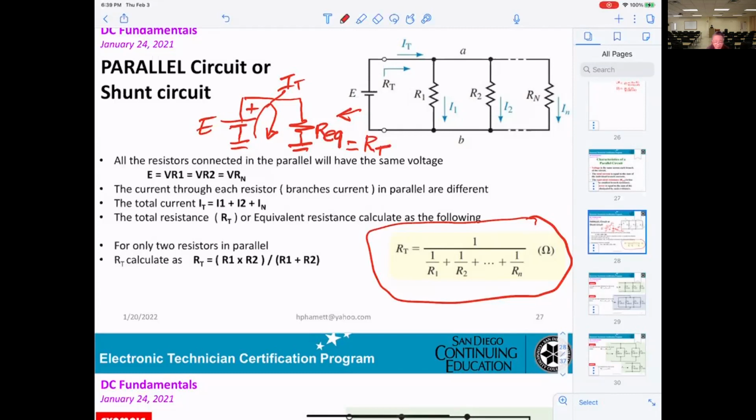Now, the voltage will be the same. VR1, VR2, VRN the same. If I want to calculate the I1, how? Who tell me? What does I1 equal? You can use Ohm's law.